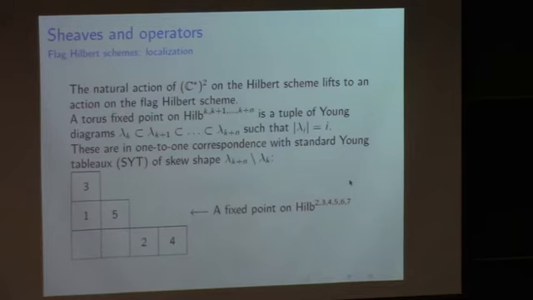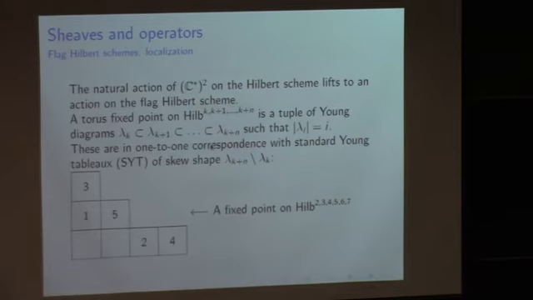Actually, you can lift this action to the flag Hilbert scheme as well. You can scale these ideals without any problem. And then a fixed point on this long correspondence is actually a tuple of Young diagrams. We have a Young diagram with k boxes, a Young diagram with k plus 1 boxes, a Young diagram with k plus 2 boxes, and up to a Young diagram with k plus n boxes.